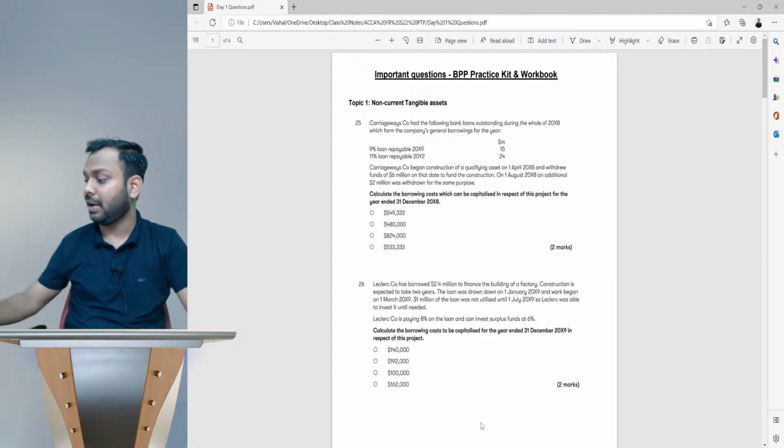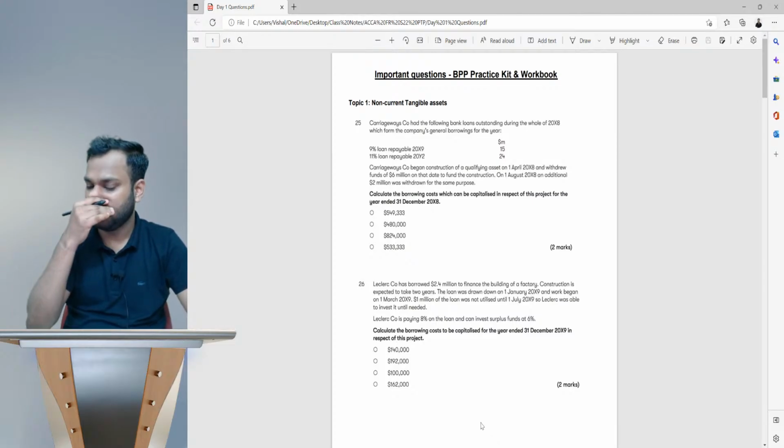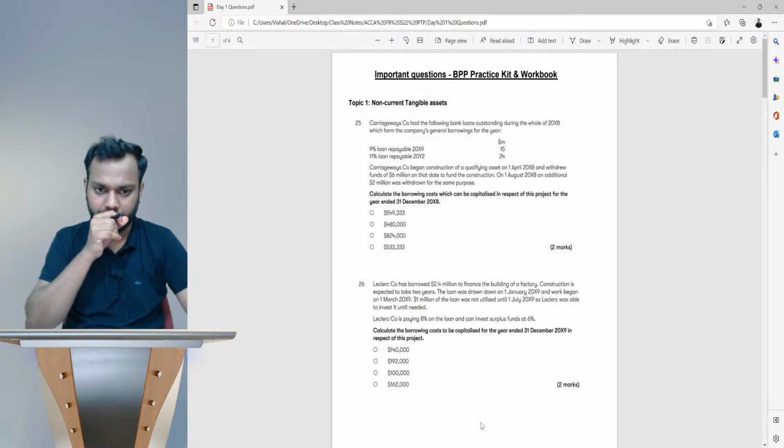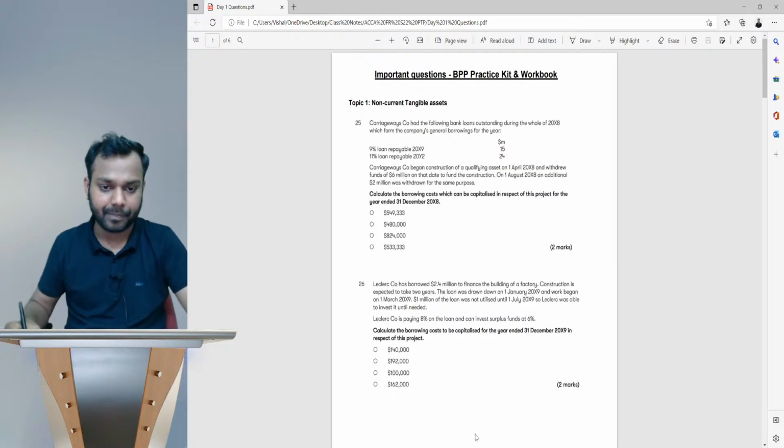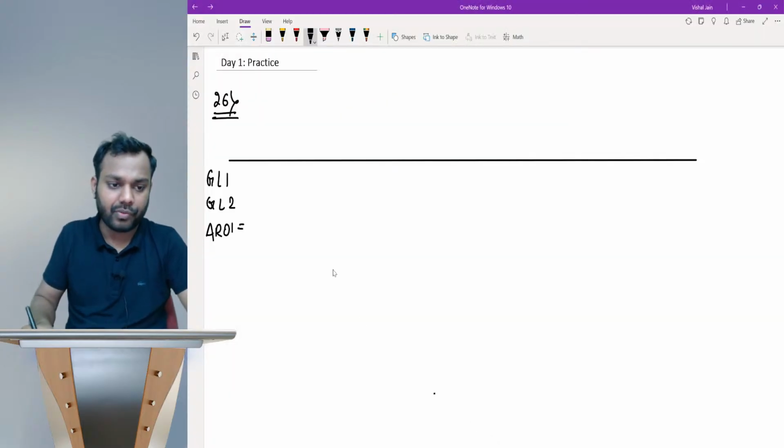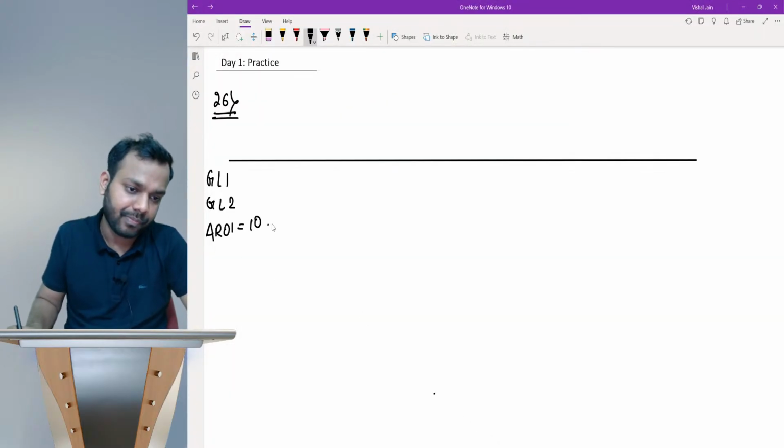Tell me, guys. 10.23 it is coming, right? The average rate of interest is 10.23 percent, and I believe all of you know how I calculated it.